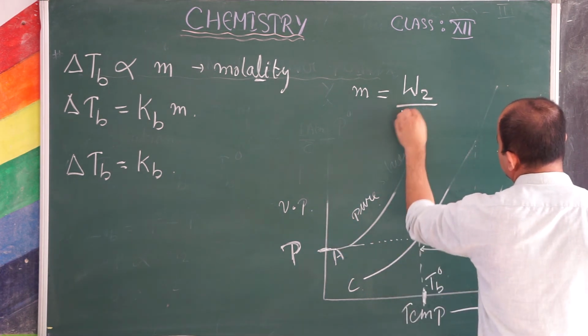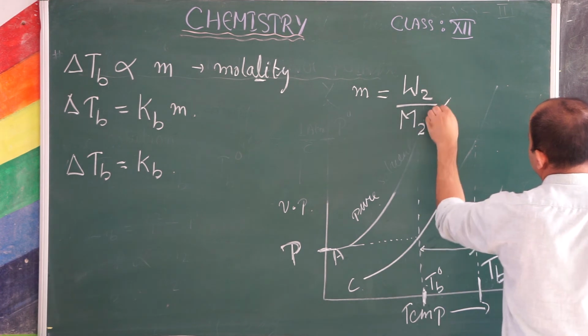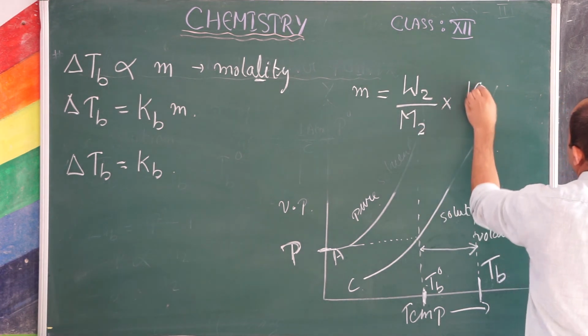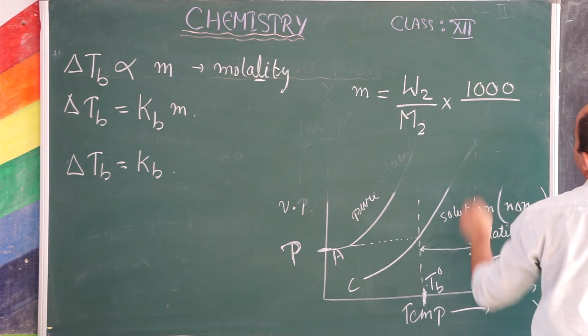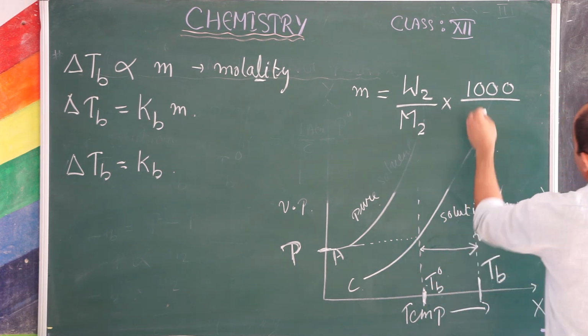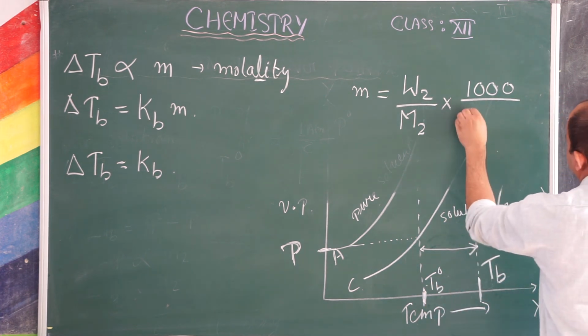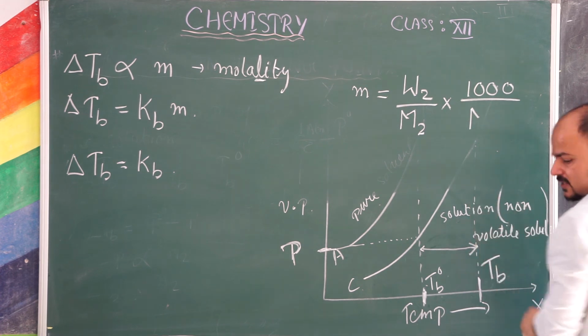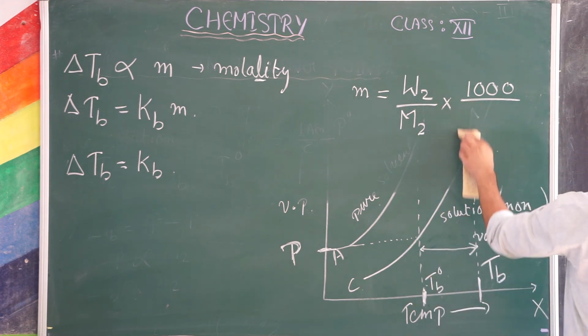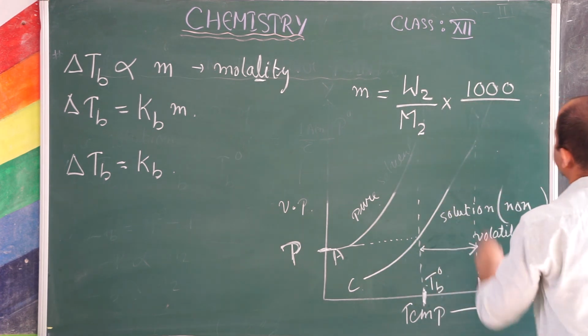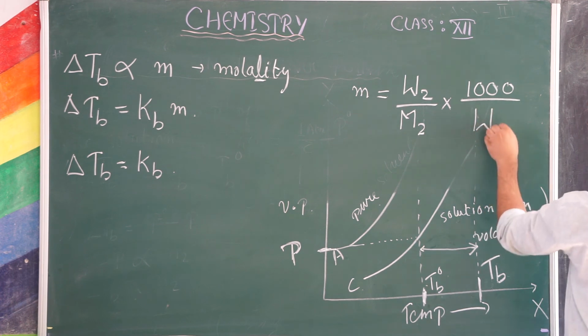By the molecular mass of the solute, into 1000, divided by the weight of the solvent, that is W1.